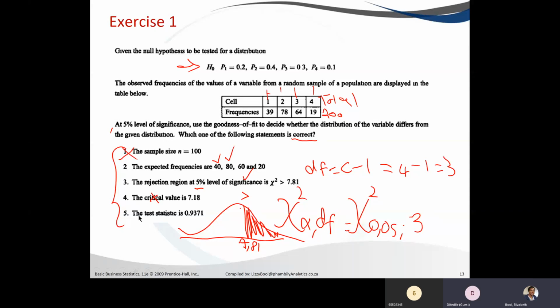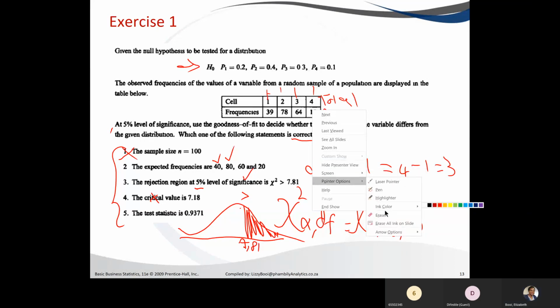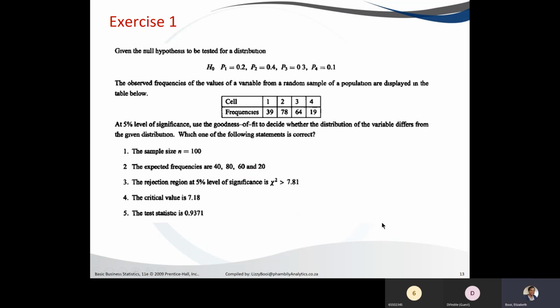Then the last one says the test statistic is 0.9371. So what they are expecting you to do there is to calculate the chi-square test statistic. So let's do that. Remember the formula: chi-square stat is given by the sum of your observed value minus your expected value, squared, divided by your expected value. Remember that?